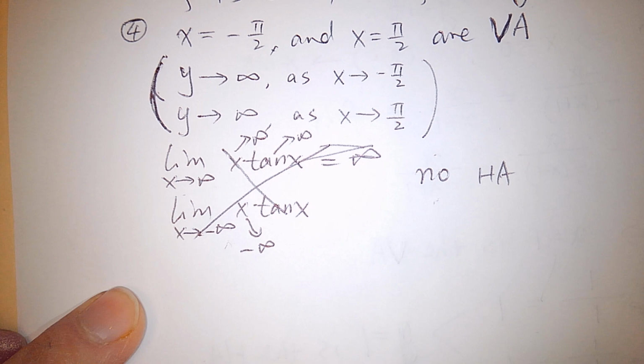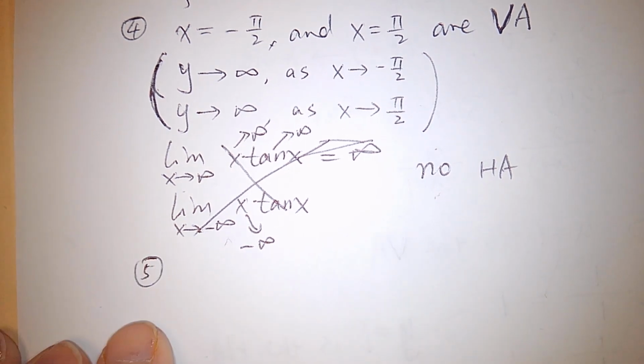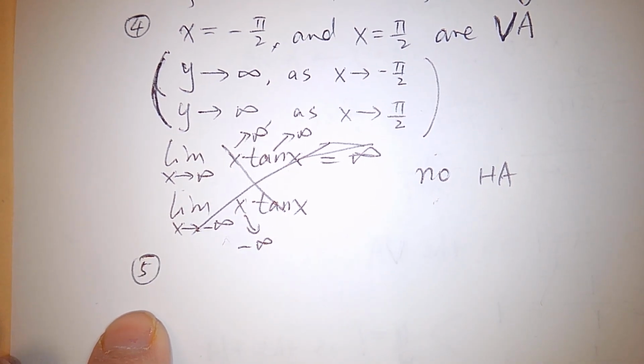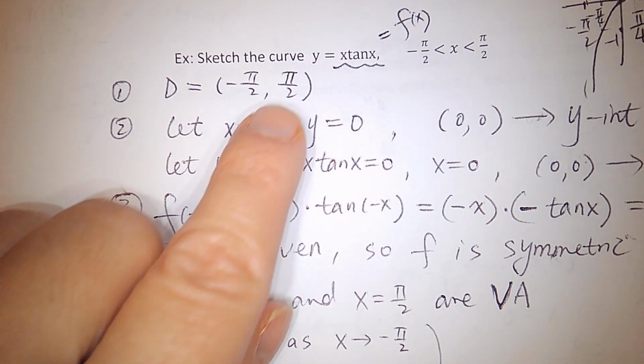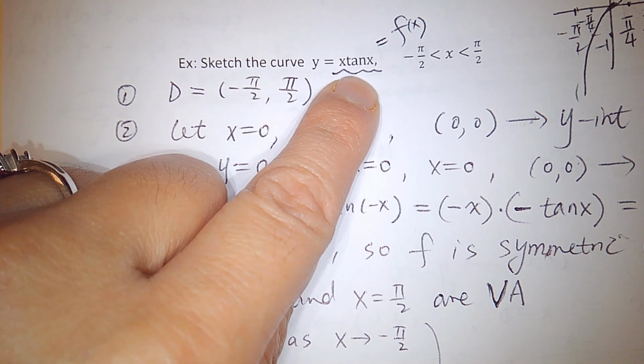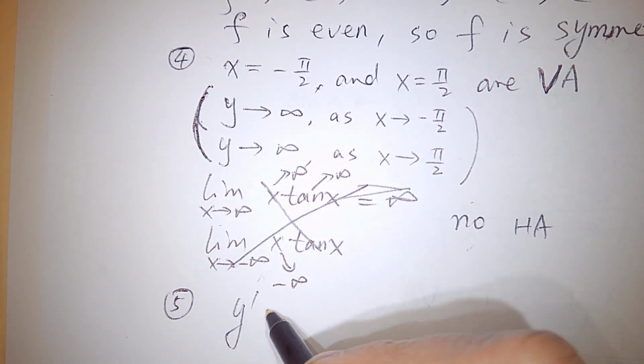What is step 5? Graph increasing, decreasing, right? So what do we do? Find the derivative. If y equals x times tangent x, y prime should be what?